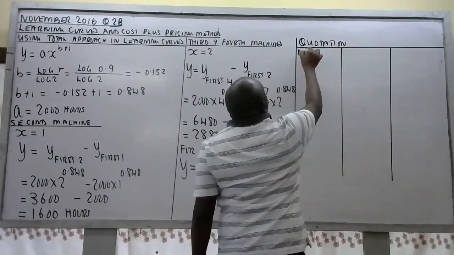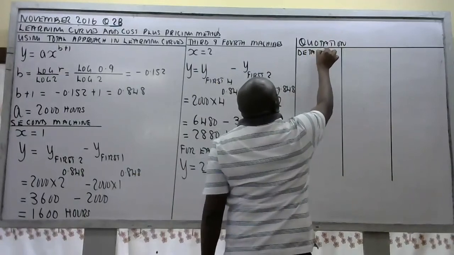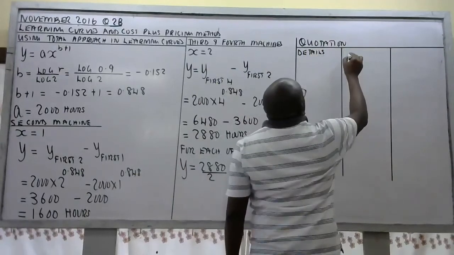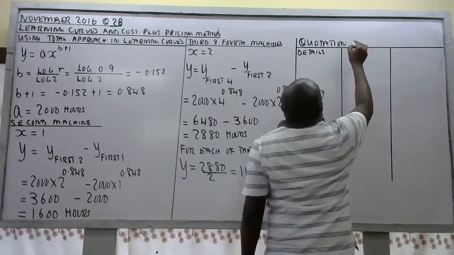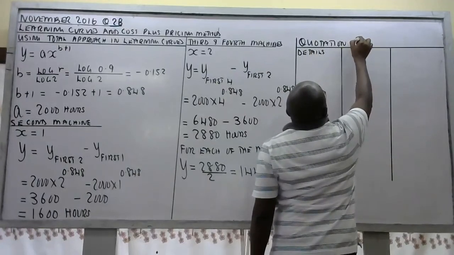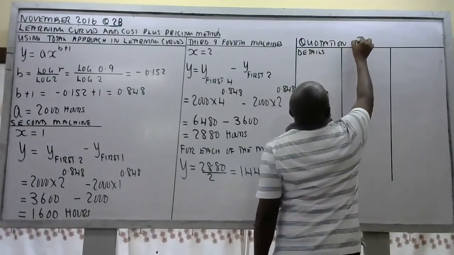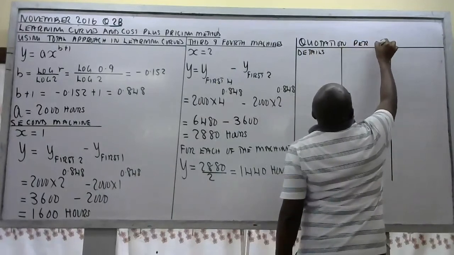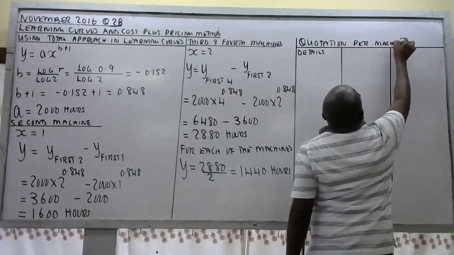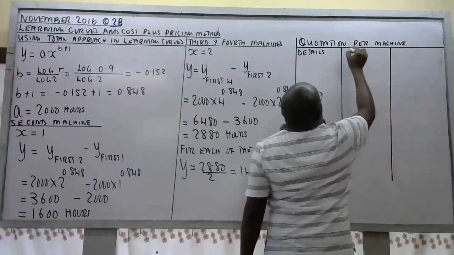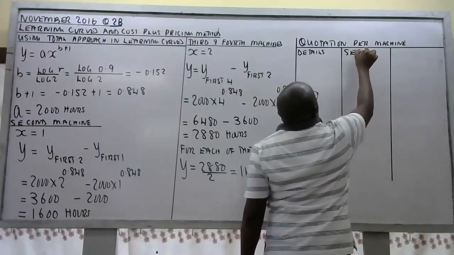So we have details here. Quotation per machine. So we have the second one here.